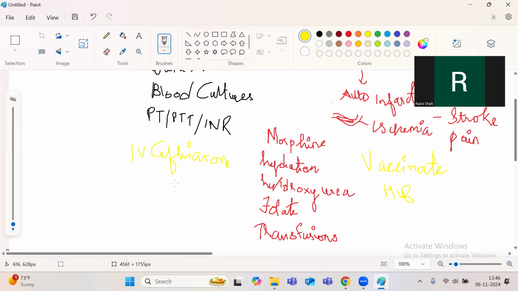Also include prophylaxis here, penicillin V.